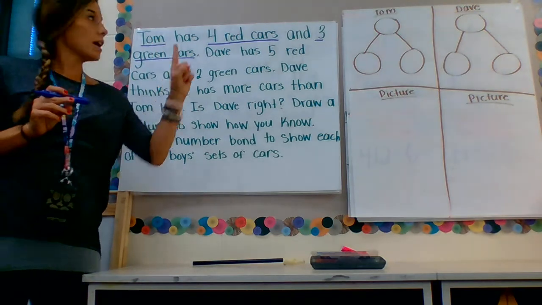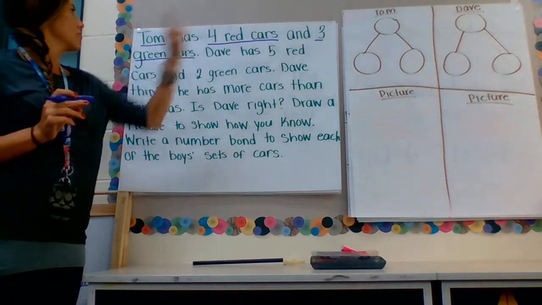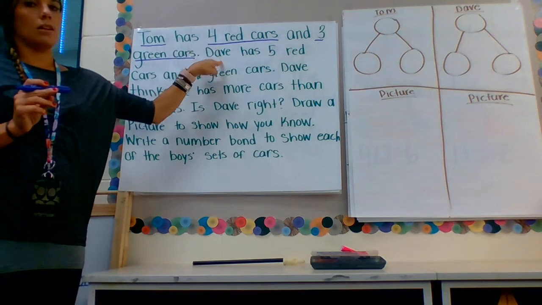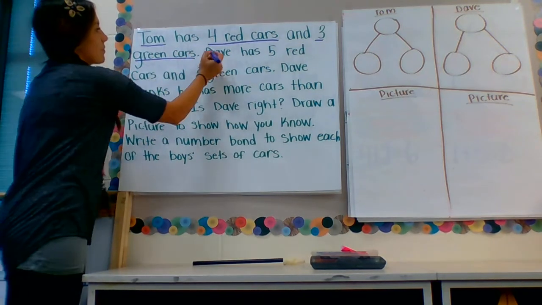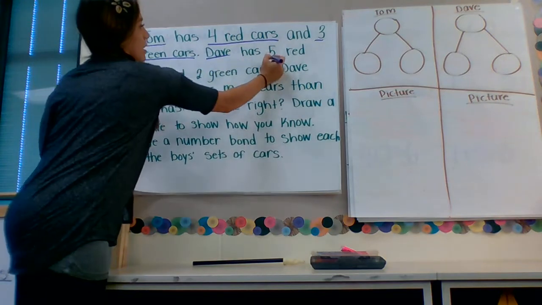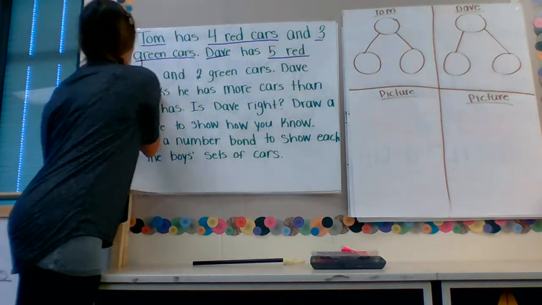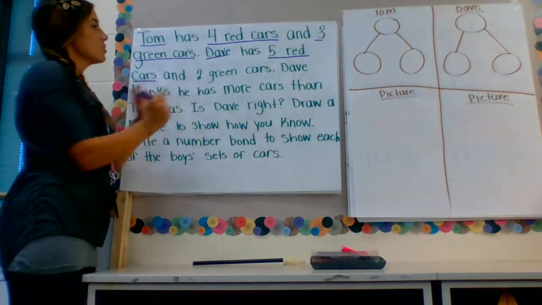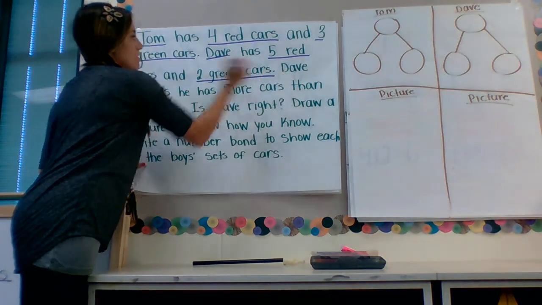Tom, he has 4 red cars and 3 green cars. Dave. Dave has 5 red cars. So I'm going to underline 5 red cars and 2 green cars.